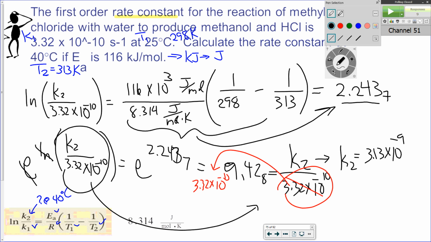And our units are inverse seconds because it's first order.